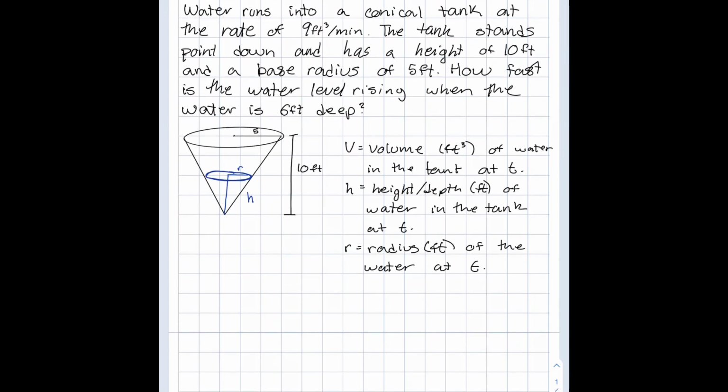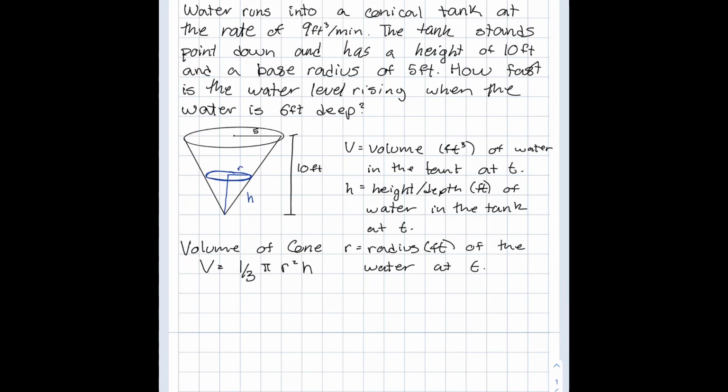There are a few things we need to pull out of our back pocket. The first one is the volume of a cone, and that is V equals 1/3 pi r squared times h. I don't know how that comes about, but that's just the volume for a cone.